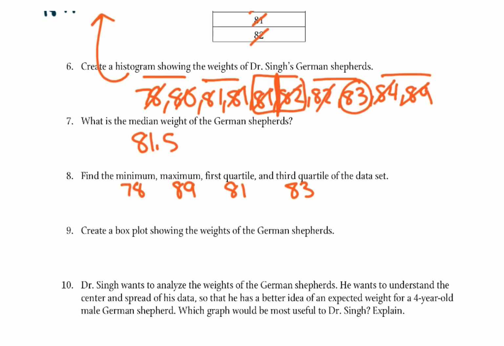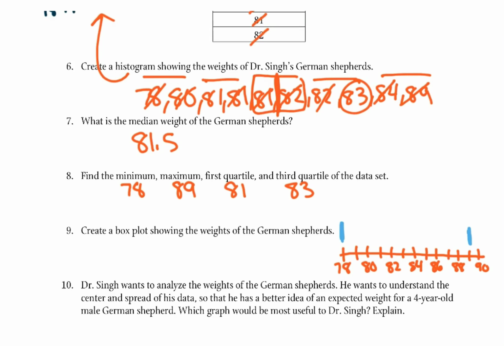Okay, so there's our number line. Our minimum was 78, so we draw a line at 78, maximum 89.